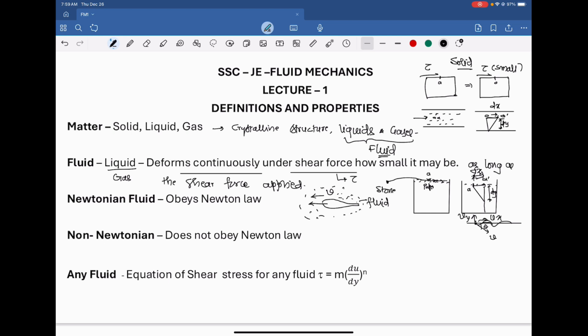When an airplane moves in the sky, it exerts a force on the air and it causes turbulence in the air, and the air gets dispersed here and there, and this is what is a deformation.